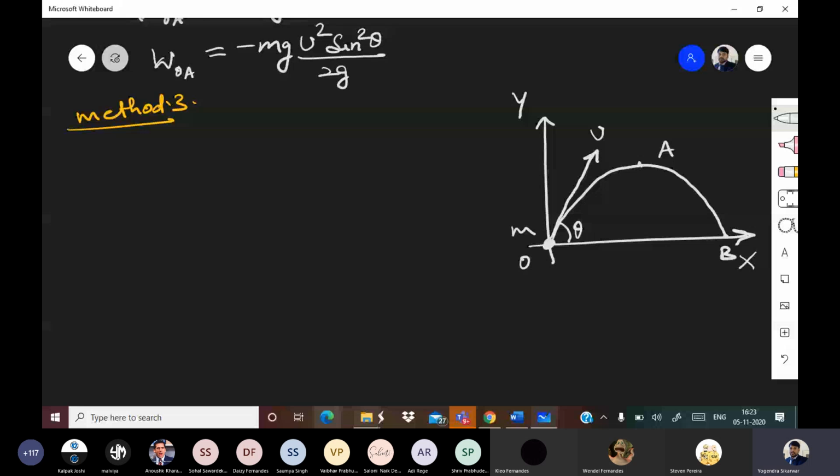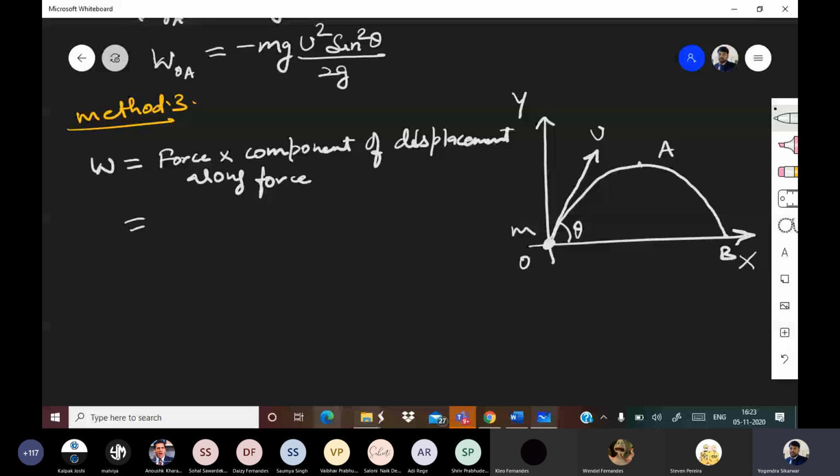Now the third method says W is equal to F into S cos theta, so force into component of displacement along force. Now force is mg, we know that.